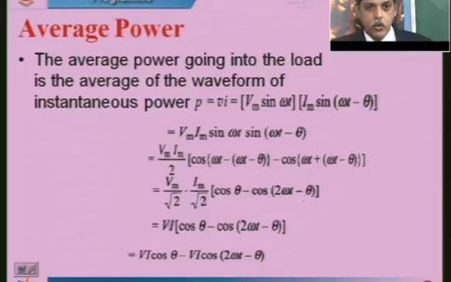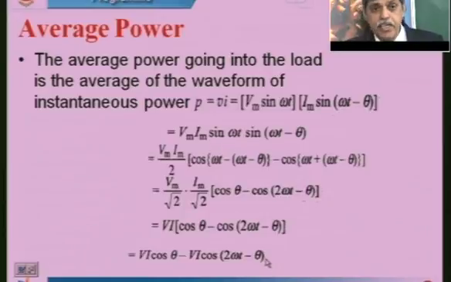So Vm upon root 2 will give you the RMS value of the voltage, Im upon root 2 will give you the RMS value of the current. Then this is cos theta, because omega t cancels here. The second one is cos(2 omega t minus theta), because the omega t's will add up there. If I open the brackets, I will be getting VI cos theta minus VI cos(2 omega t minus theta).